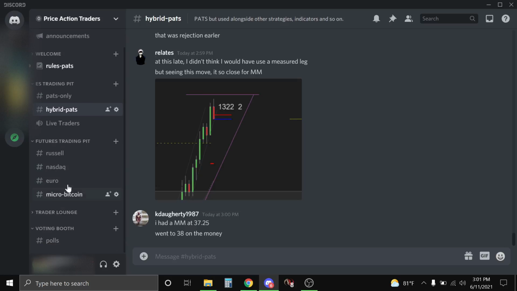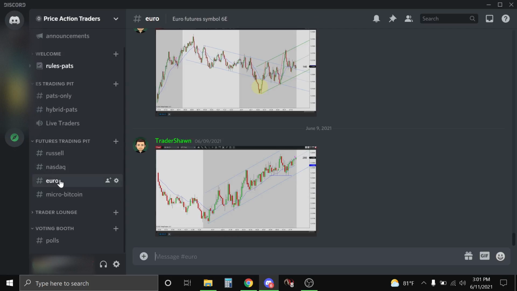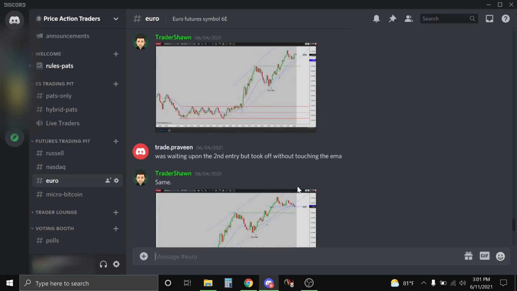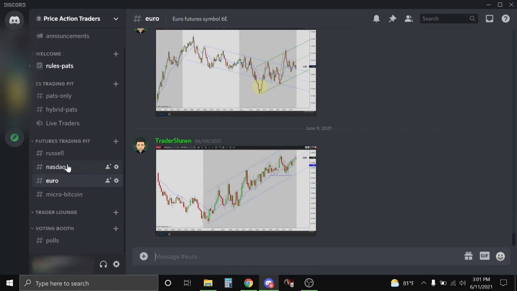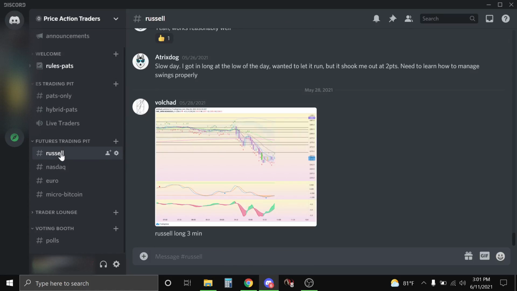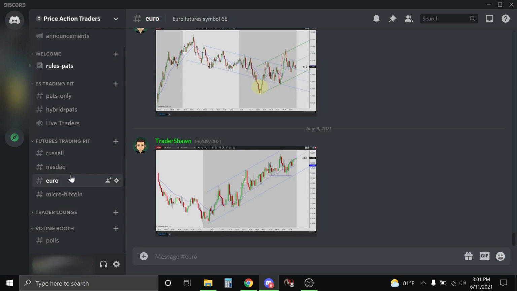Then we also have some other futures contracts in here, like the euro that I trade. We post charts every now and then and talk about ideas and things. The Nasdaq and the Russell are pretty popular, and a lot of people trade those. We even have some micro Bitcoin.